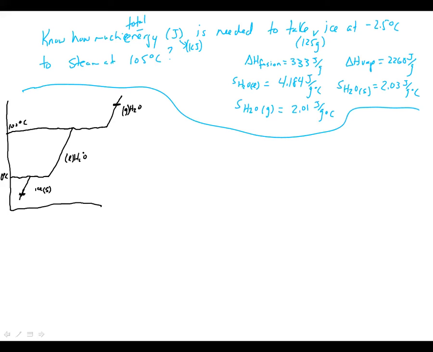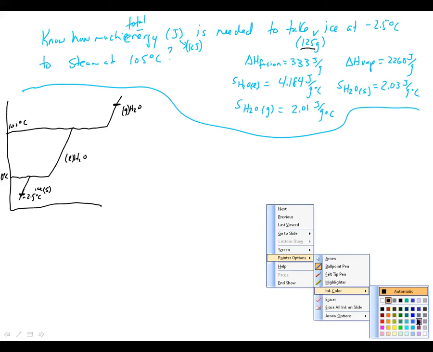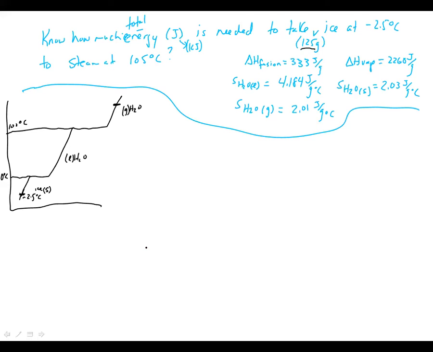So we want to think about it in steps. We are starting with minus 2.5 degrees Celsius, and we have 125 grams of ice, which is the amount of water we'll have throughout the entire process, as nothing should be changing. The first thing we need to do is take our ice at minus 2.5 and take it all the way up to 0 degrees Celsius.